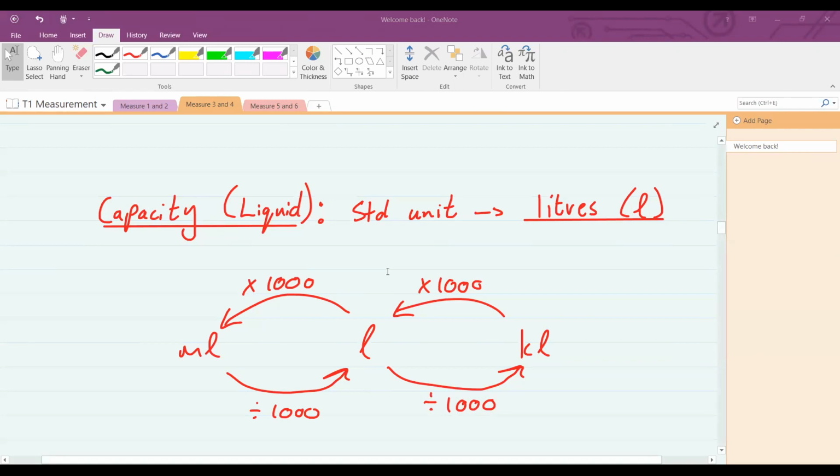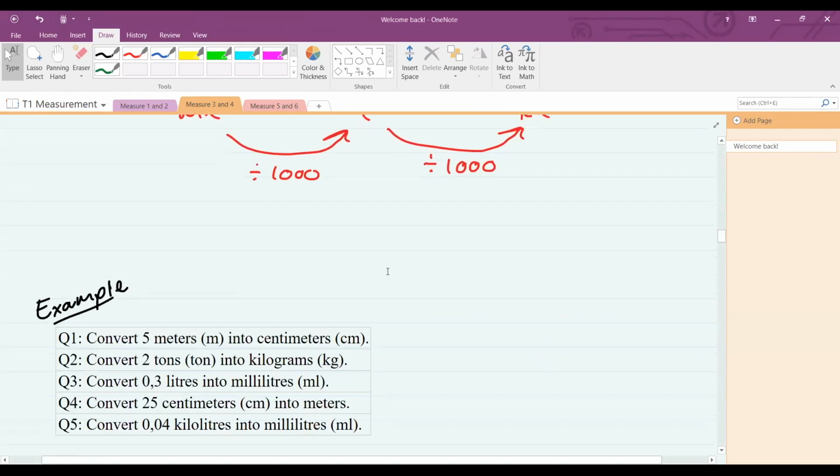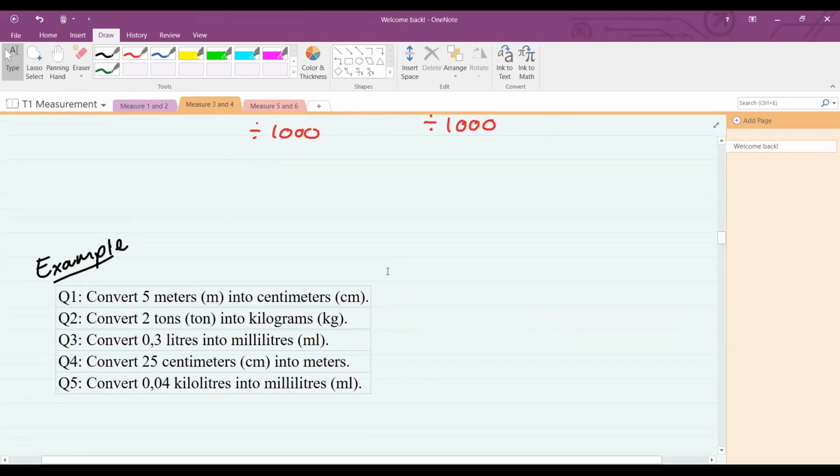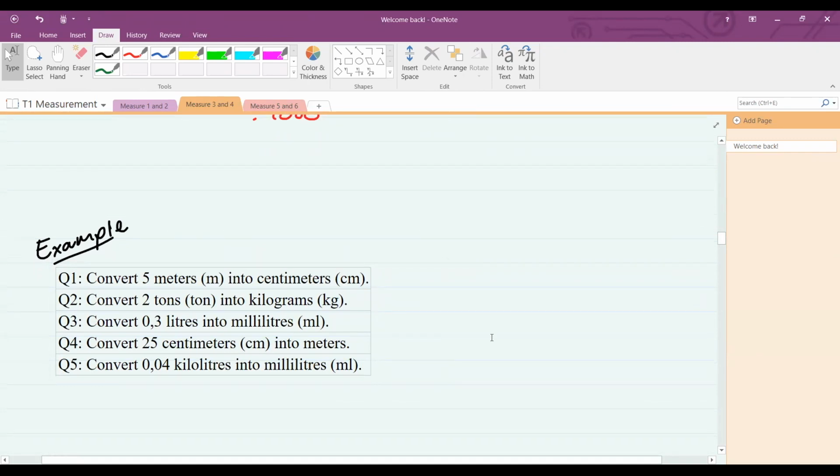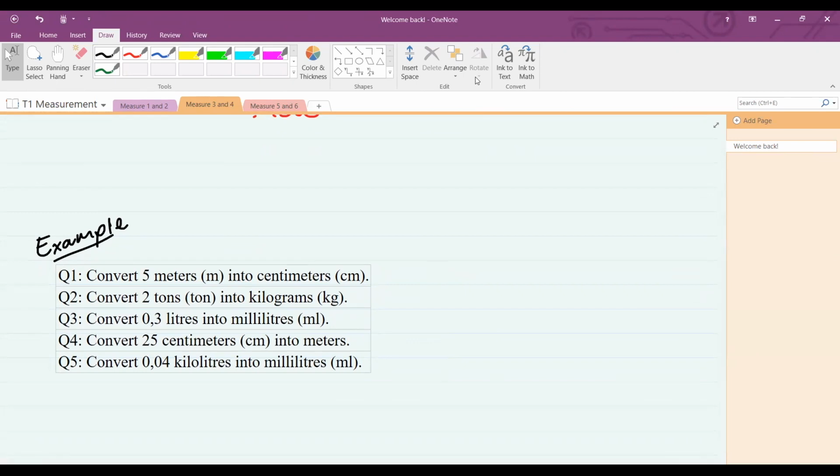Okay, so now we're going to get you some questions. I'm going to do 5, and then you are going to do 5. You must have your pen and paper and calculators ready because you're going to work. I'm just going to quickly change my share screen so it looks like this.